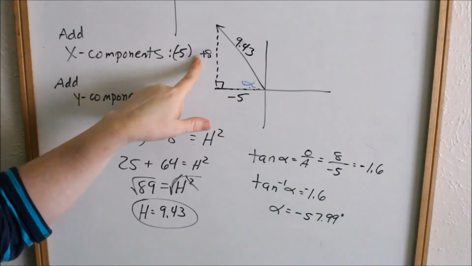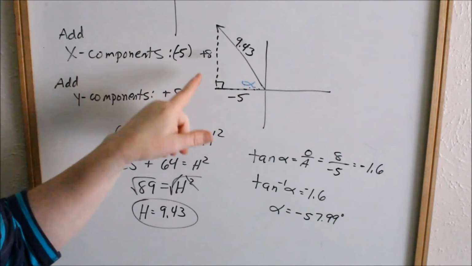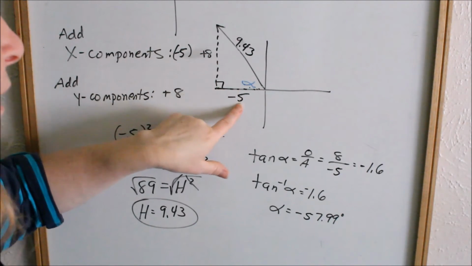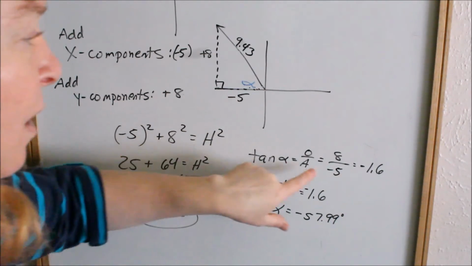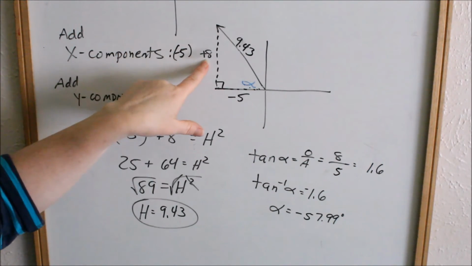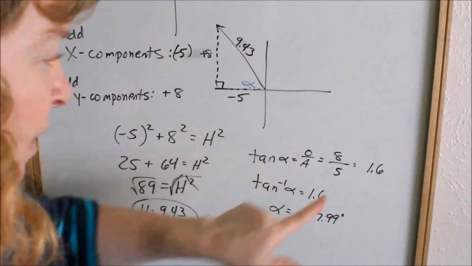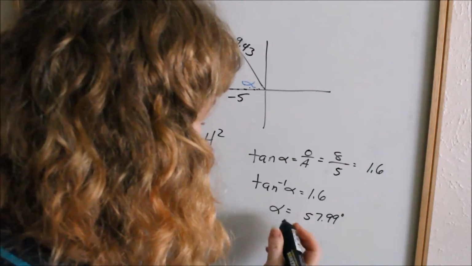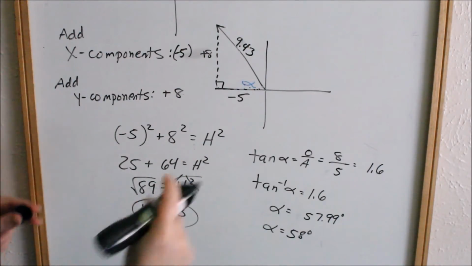When I'm doing the tangent, I'm interested in the length of this, not the direction. So when you're using tangent, meaning opposite over adjacent, it's the length of the opposite over the length of the adjacent. This length is 5. The negative just tells me the direction that I went. So you don't really need to use the negative because you're concerned about the length. 8 divided by 5. So you can drop that negative because it doesn't tell you anything. So I'm just going to round that to 58 degrees. So we're going to say that alpha is 58 degrees, but we're not trying to solve for alpha.